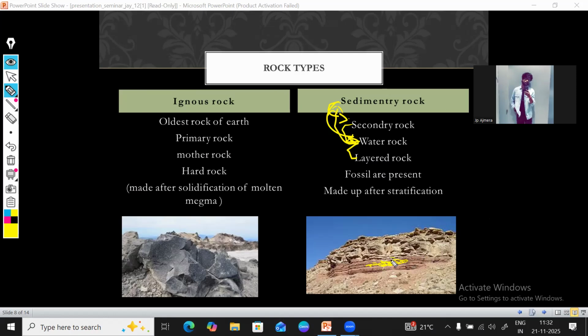So when weathering happens, the fossil fuels are present inside these layers. That's the reason why fossil fuels are present in the sedimentary layers. Cool. Let's move to the next one.